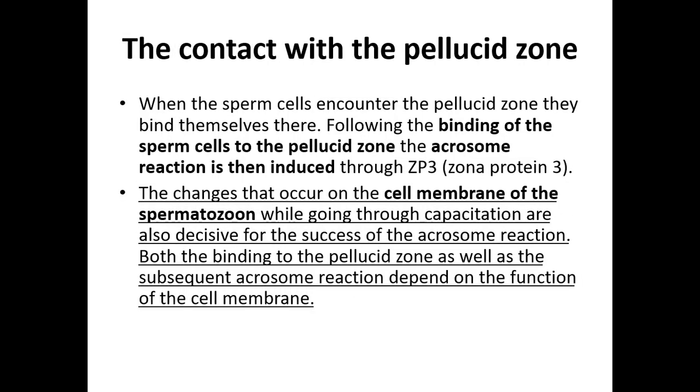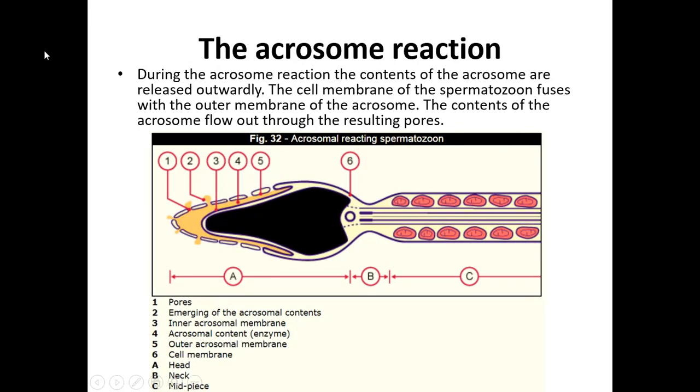But finally, when the sperm cell enters the pellucid zone, on the surface of the acrosome we have ZP3 receptors. And on the pellucid zone we have ZP3, known as zona pellucida protein 3. And when they get in contact, it activates the acrosome reaction.